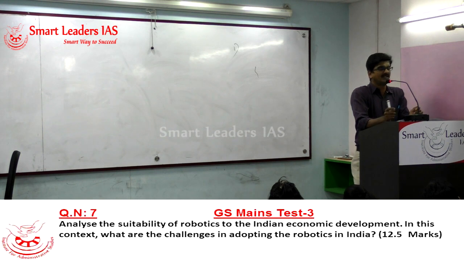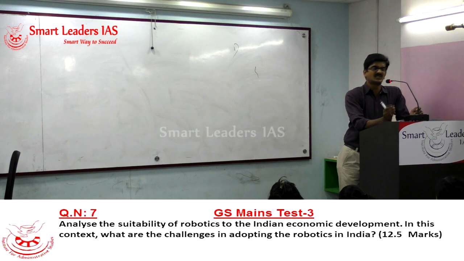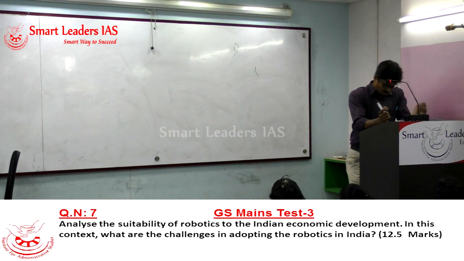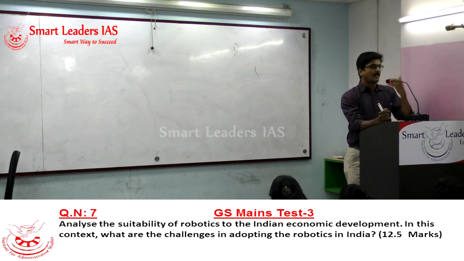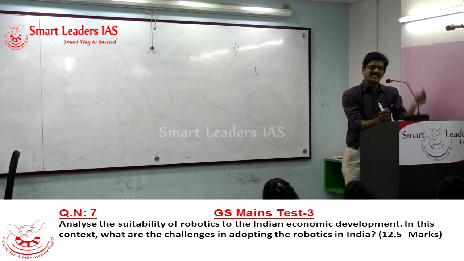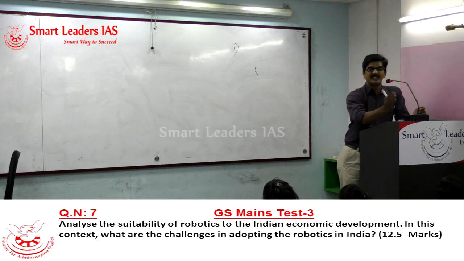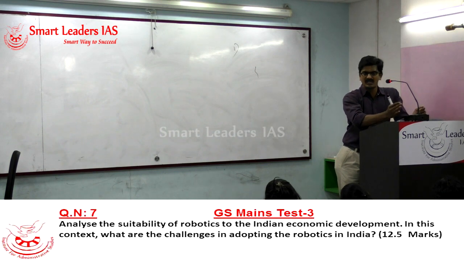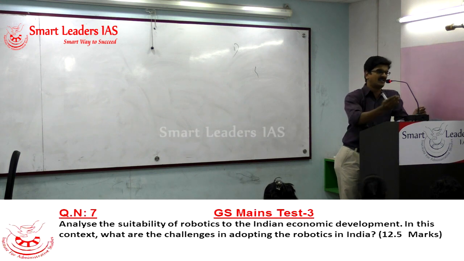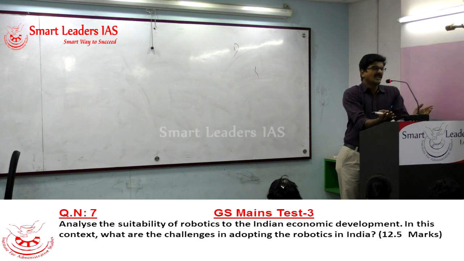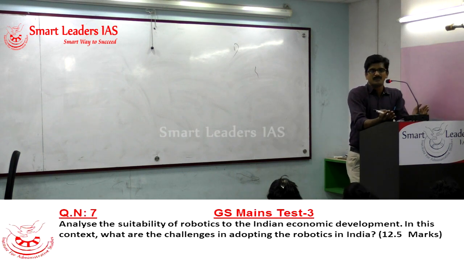While India hovers around 1%, South Korea is at 5.7%. So economic development must be preceded by modernization of the industries. Without the modernization of industries and adoption of modern technologies, economic development is not possible.